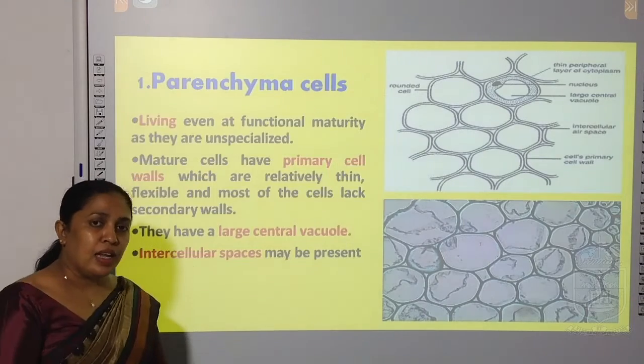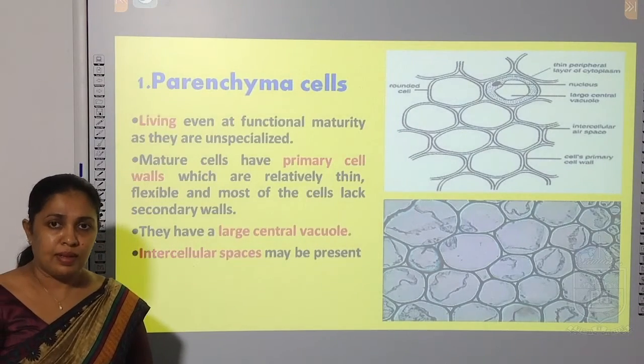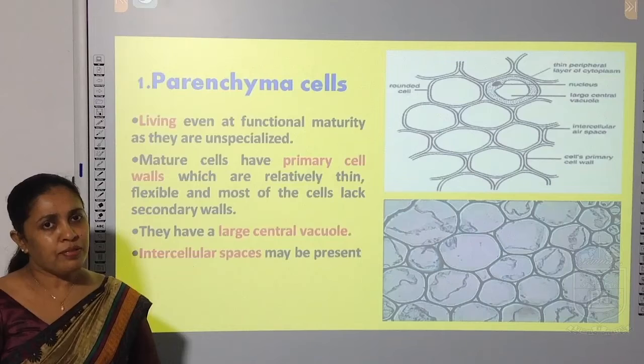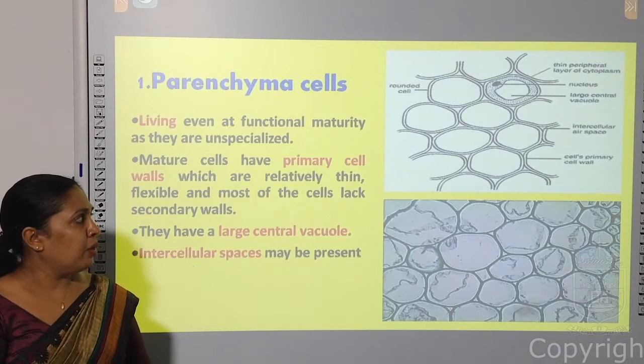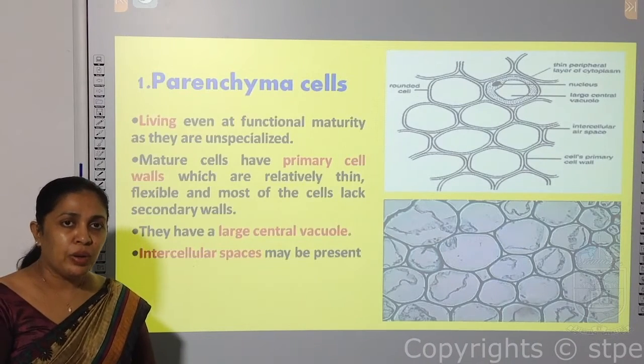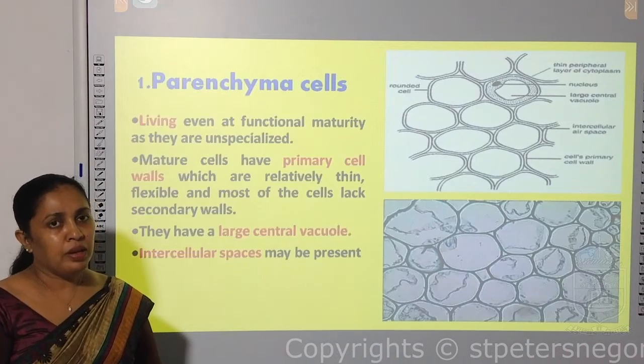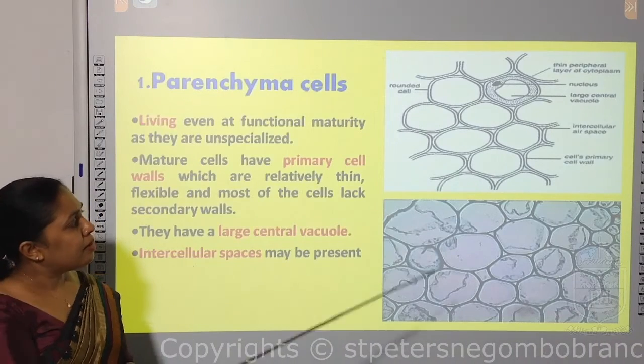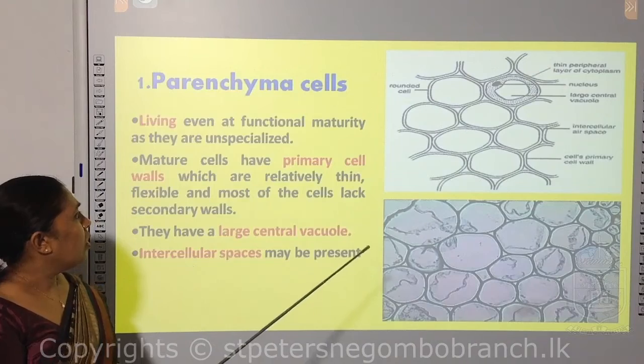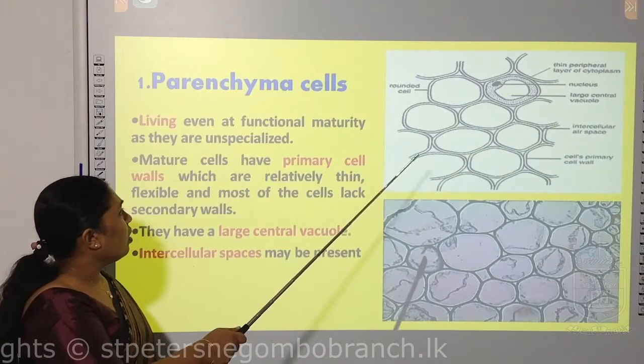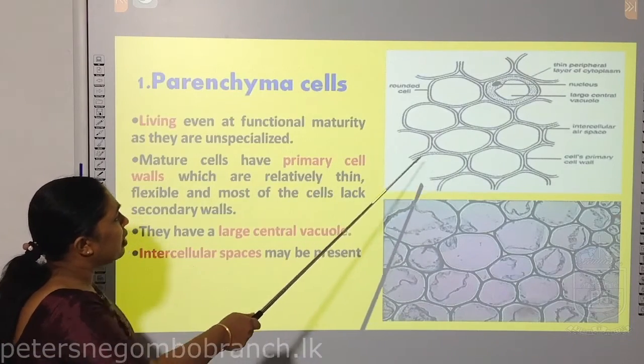These cells are living cells. We say these cells are living cells till the functional maturity. It means when the plant body undergoes the secondary growth, these cells remain living, and these cells have a primary cell wall.